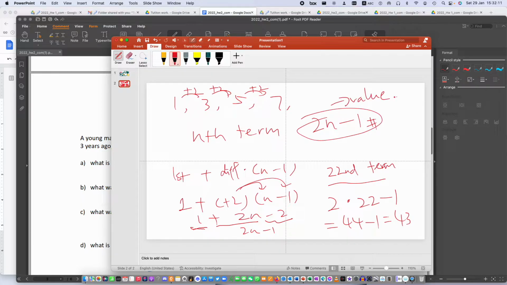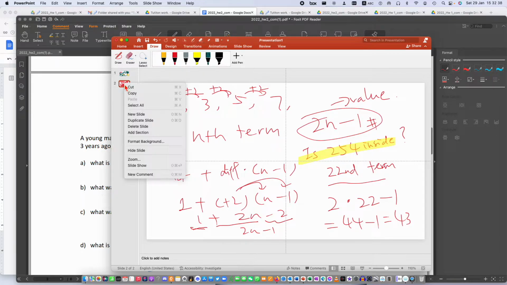Okay, so now if I ask you the final question: is 254 inside the series? How do you do this question? Is 254 inside the series? That means is 254 one of the values?